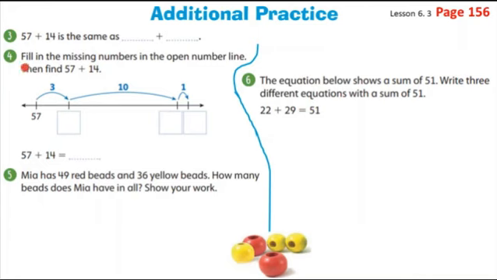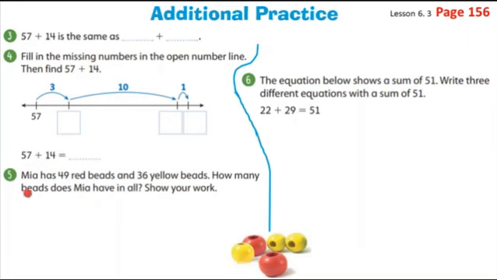Number 4, fill in the missing numbers in the open number line, then find 57 plus 14. We have a 57 with a jump of 3, and then a jump of 10, then a jump of 1. Fill in those numbers there. And we're going to have 57 plus 14 equals a number.